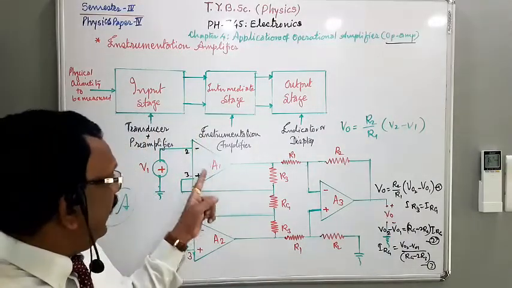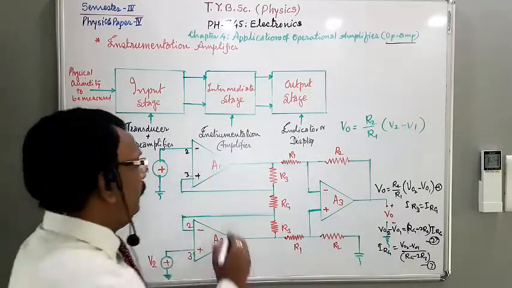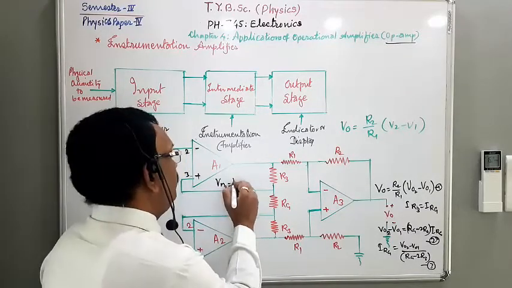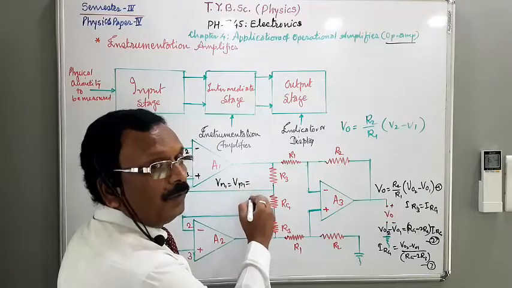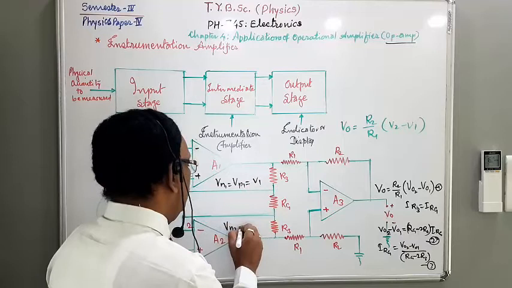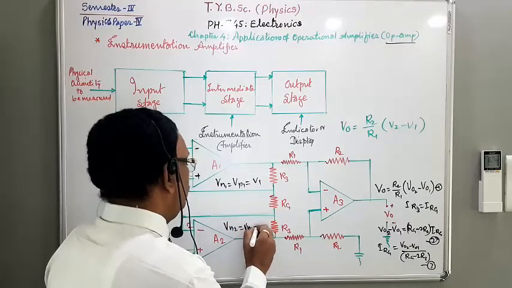Since amplifier A1 keeps VN1 equal to VP1 equal to V1, and amplifier A2 keeps VN2 equal to VP2 equal to V2.